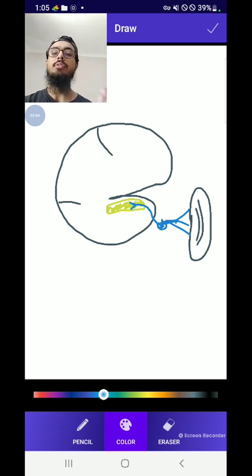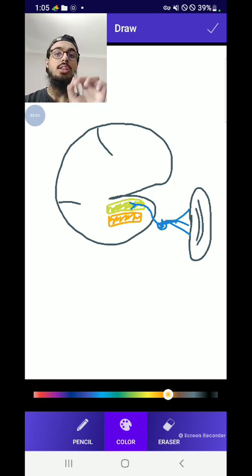In the previous video I explained all the pathways related to it, so you must watch that video. Today's topic is the second area, which is just inferior to it. What is this area? The auditory association area, the orange in color.